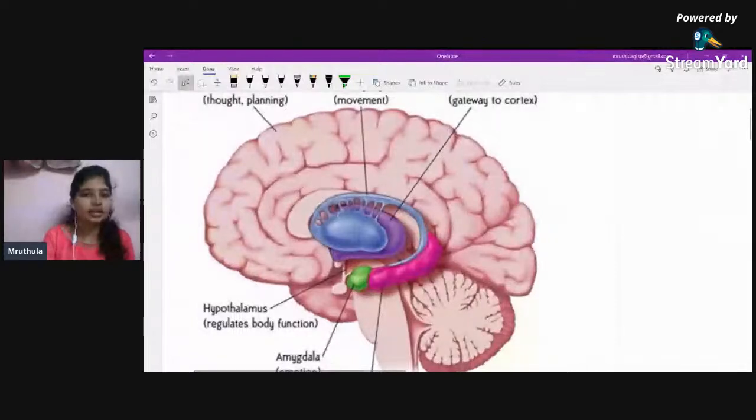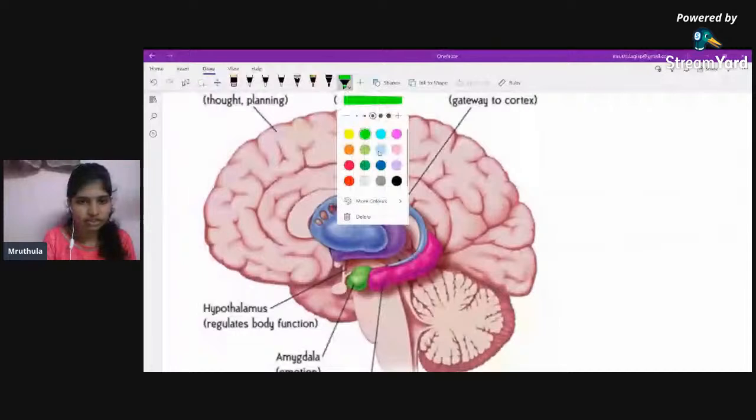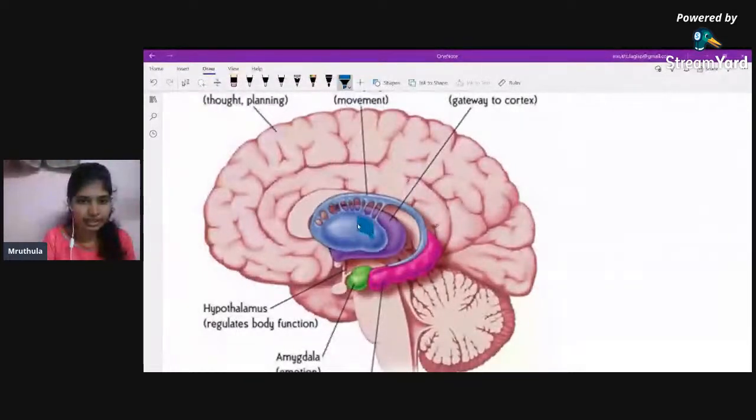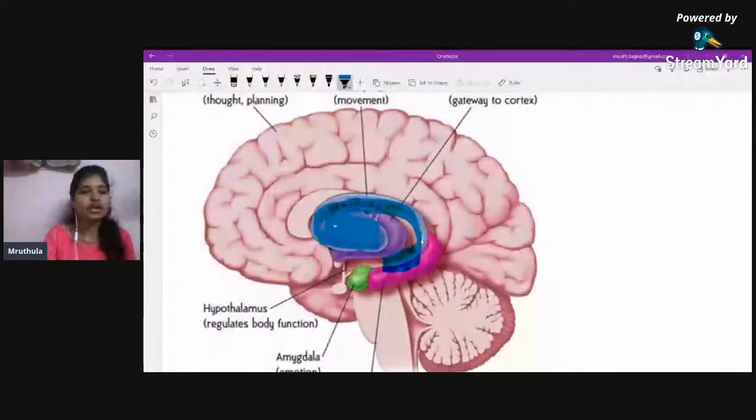This blue color part shown in the picture is the basal ganglia, right? This picture is just to show you the relations of the basal ganglia, like what are the nearby structures. So I'm just highlighting the same blue part again. This is the basal ganglia, right, this blue color zone.